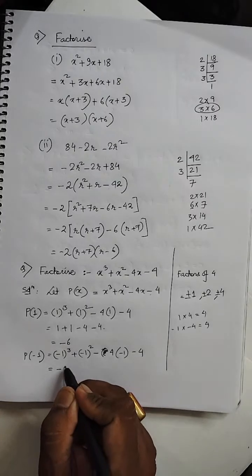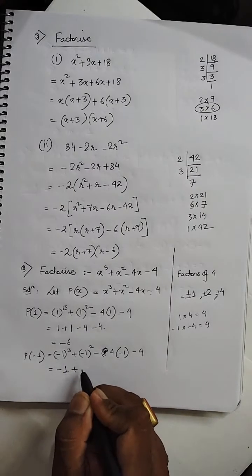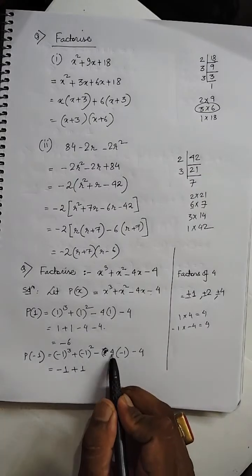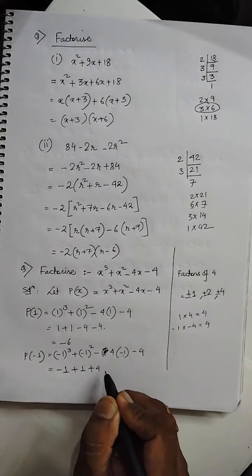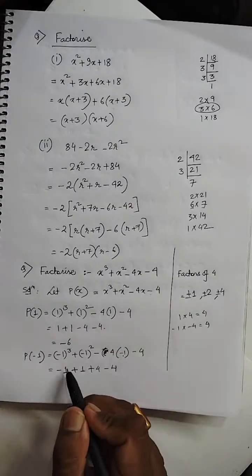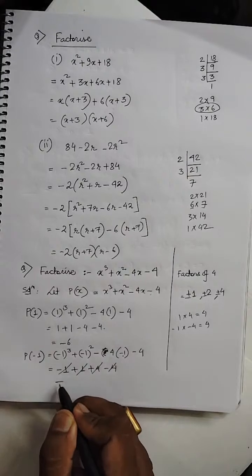So this is minus 1. Square of any negative is positive, so this will be positive 1. So minus 4 into minus 1 is plus 4, and this is minus 4. So minus 1 plus 1 plus 4 and minus 4 will get cancelled, and we have 0.